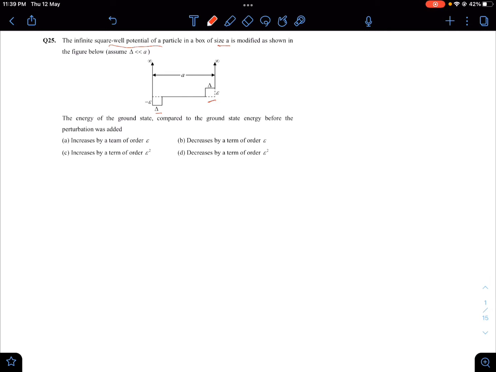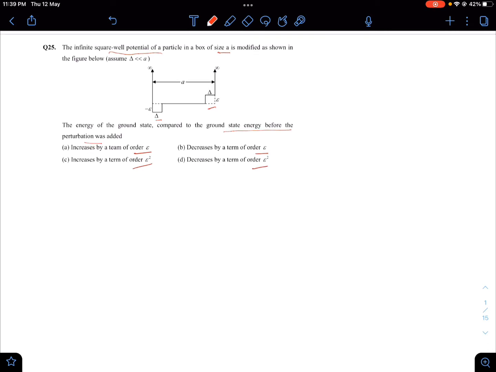So we have to find the energy of the ground state compared to the ground state energy before the perturbation was added. How does it change? Is it increased by a term of order epsilon? Decreased by a term of order epsilon? Or increased by order epsilon square, or decreased by order epsilon square?